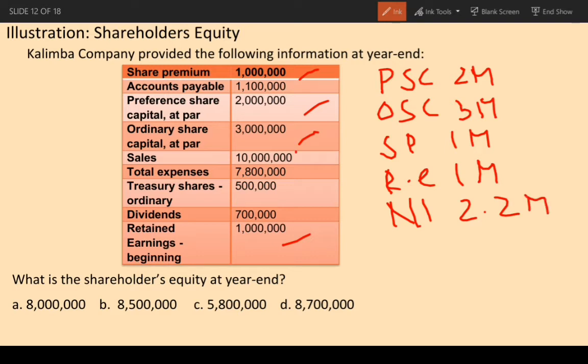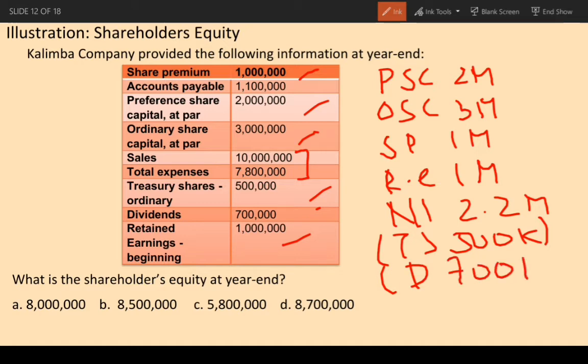Sales minus total expense, 10 million minus 7.8 million, is equal to net income na 2.2 million, less treasury shares na 500,000, less dividends na 700,000. So, ang total shareholders' equity, 2 million plus 3 million plus 1 million plus 1 million plus 2.2 million minus 500,000 minus 700,000, 8 million, letter A.